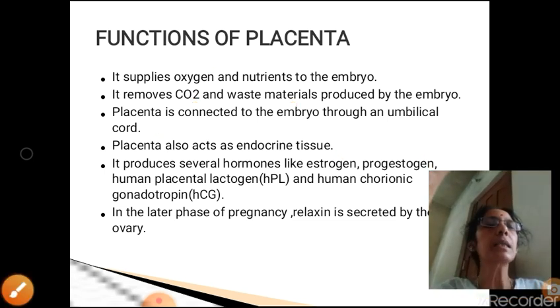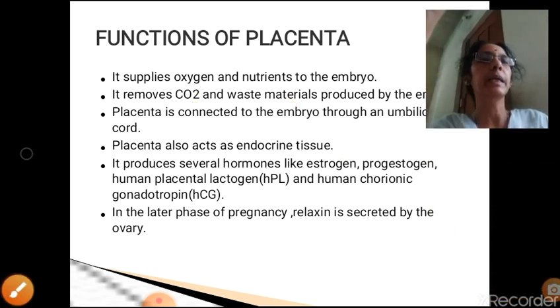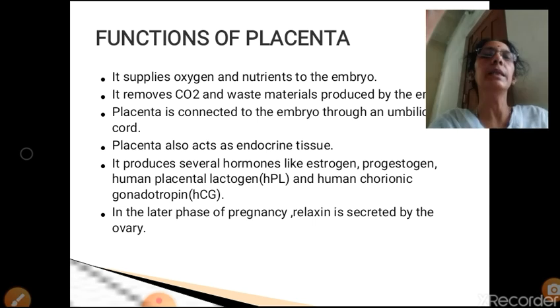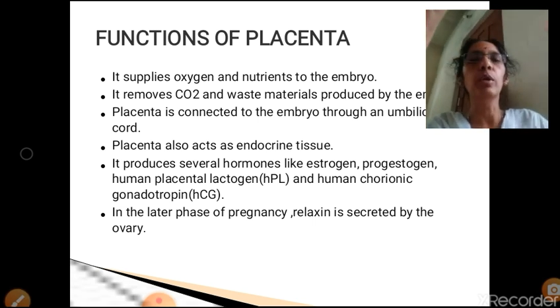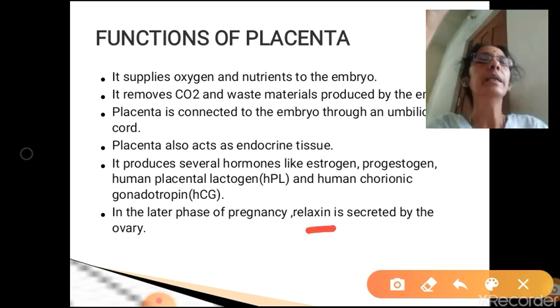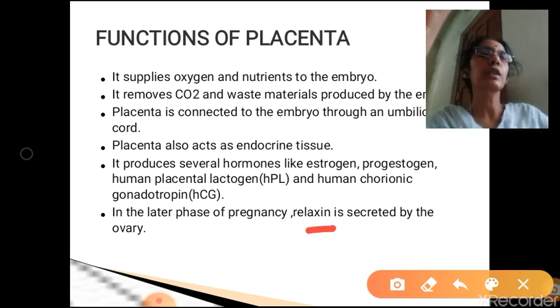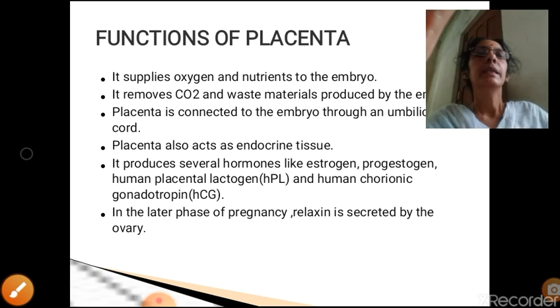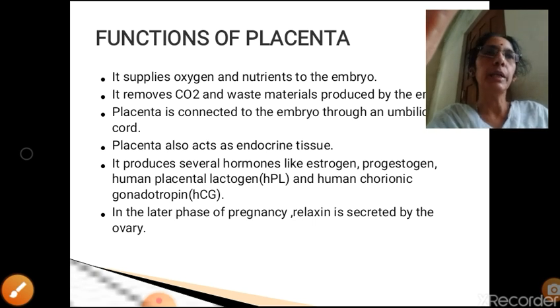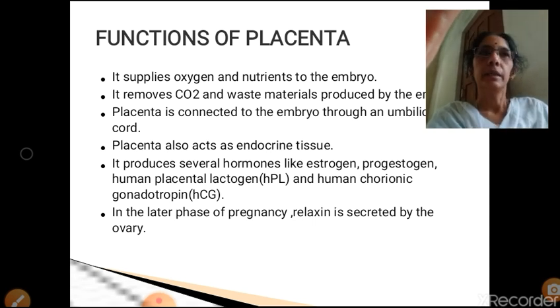But at the end stage of pregnancy, the ovary secretes one more hormone that is called relaxin. So, what are the functions of placenta? One is it supplies oxygen and nutrients from maternal blood to the embryo, and from the embryo it removes carbon dioxide and other nitrogenous waste products.